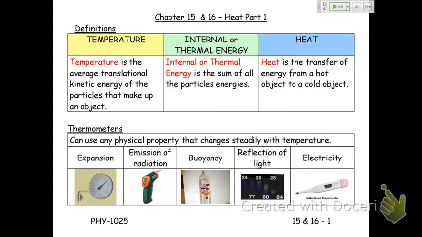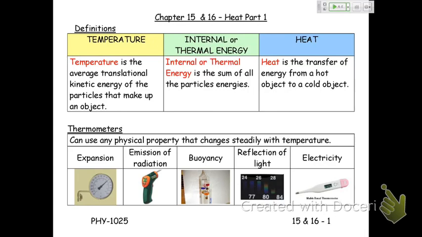So the energy that you put in is stored as kinetic energy inside that substance. And we call the energy inside the substance that's caused by this internal or thermal energy. So you're thinking about the vibration of solid atoms, or the whizzing around of liquid atoms or gaseous atoms. That's internal or thermal energy.